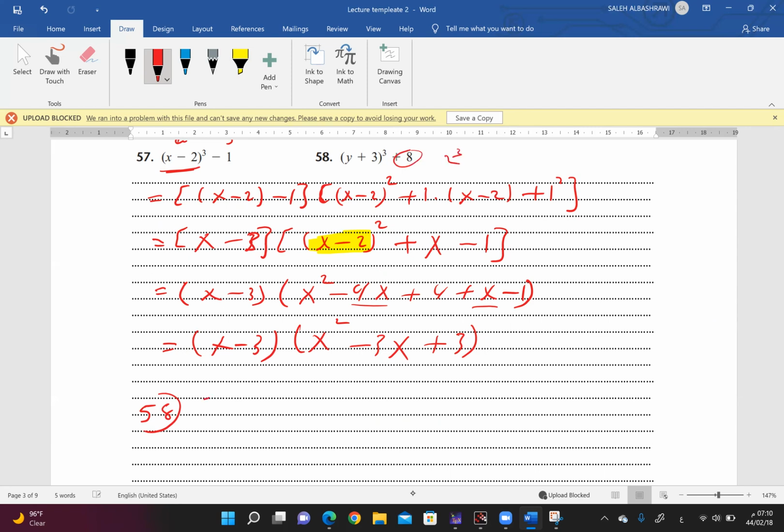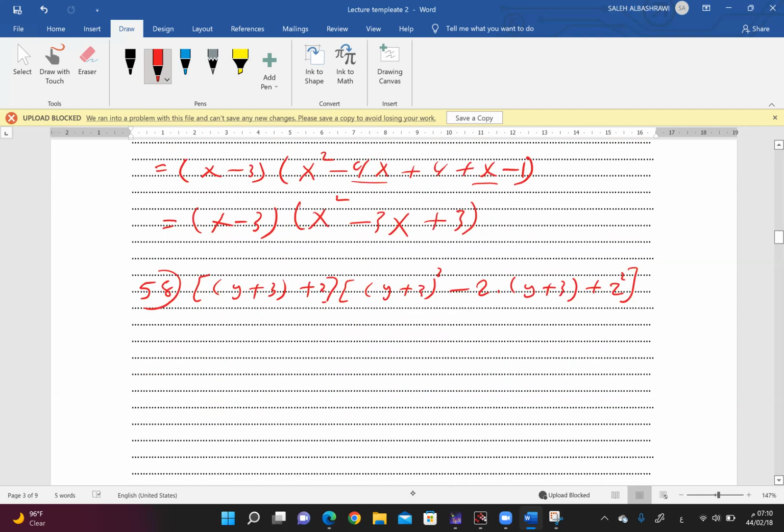So we can write it as y plus 3 plus 2, multiplied by the first one squared, minus a times b, which is 2 multiplied by y plus 3, plus the second one squared. This can be simplified to be y plus 5, since 3 plus 2 is equal to 5.